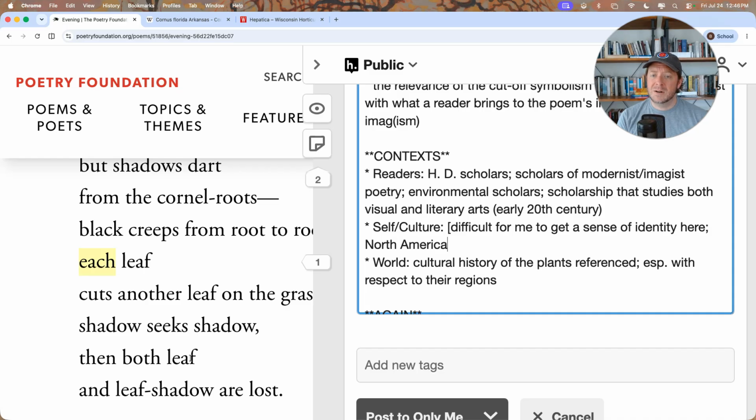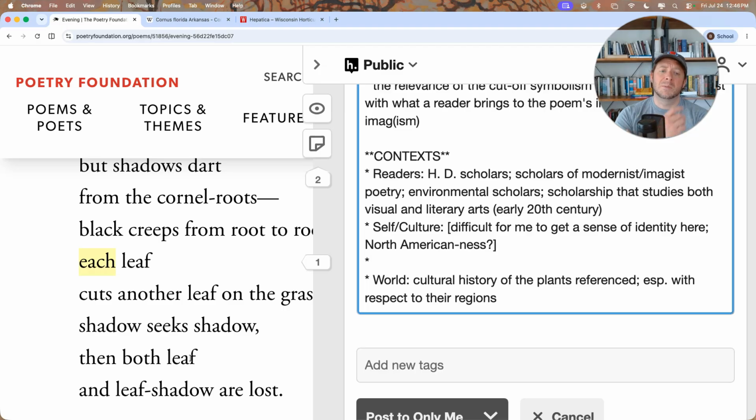Sort of North Americanness. I don't know. I'd have to think more about that, and maybe engaging with HD scholars a bit more would help me think about what relevant cultural categories or categories of identity might come to matter for a reading of this poem. It's very possible, at least for me, that not many of them come to mind.